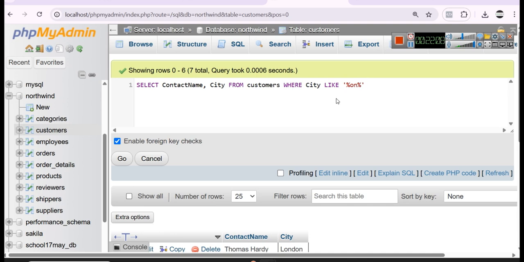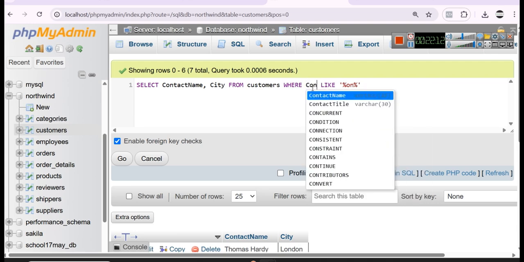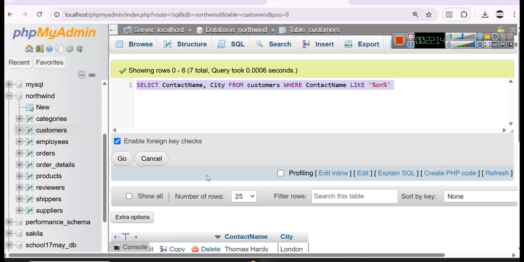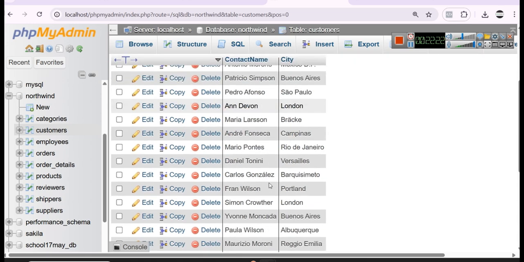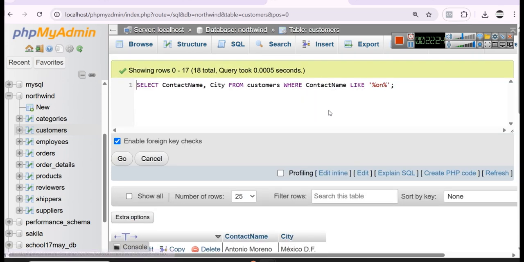That particular city name contains ON. If I write select contact name like ON, you can see Antonio, Simpson, Devon. Can we take any column, sir? Yeah, you can take any column and it will compare here.